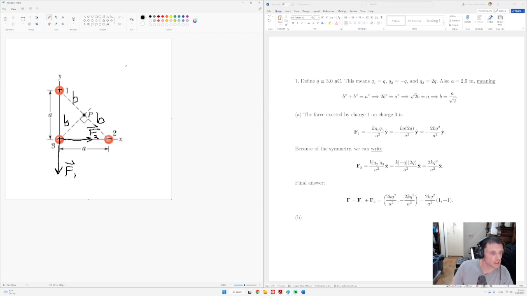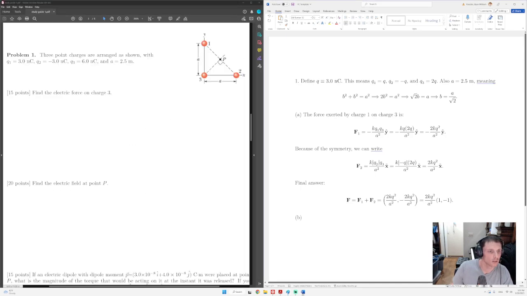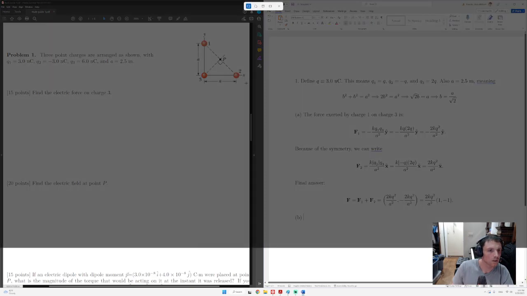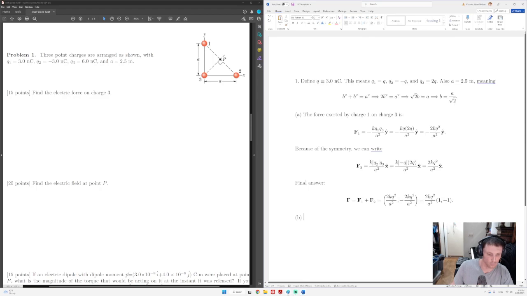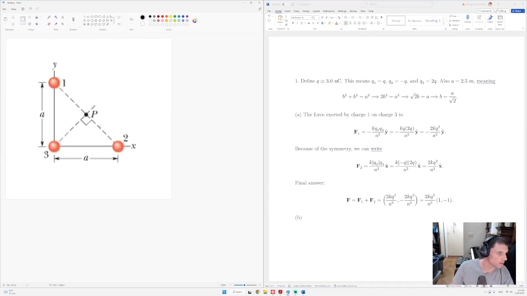I think I might just clear this out and make another diagram here. So let's do this. I think this is probably fine. Okay, so we want the electric field.